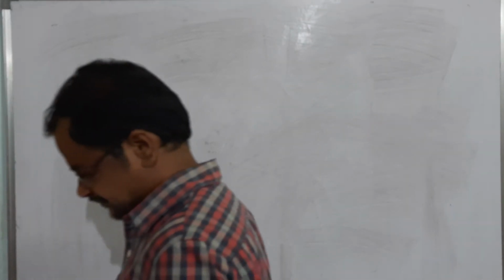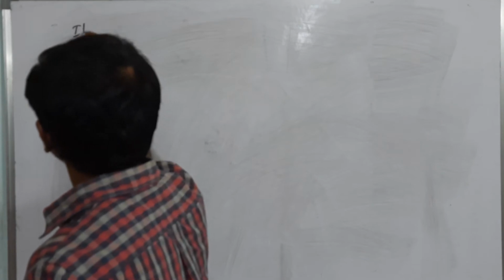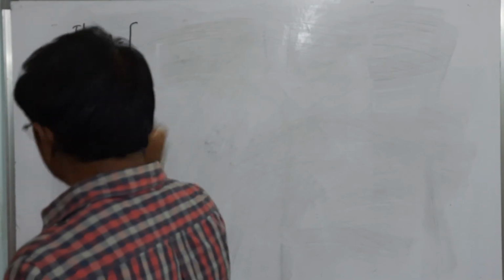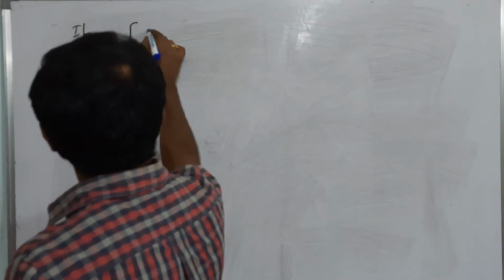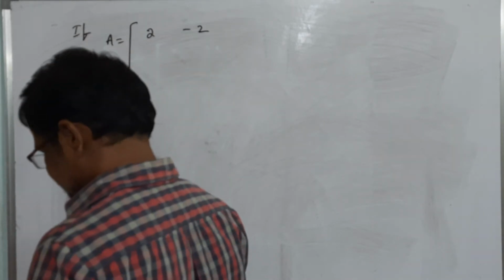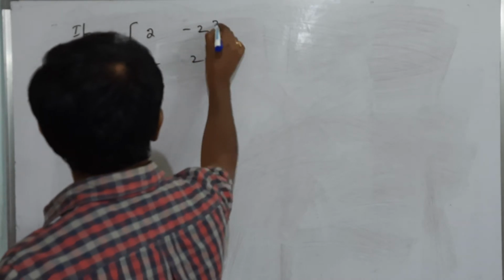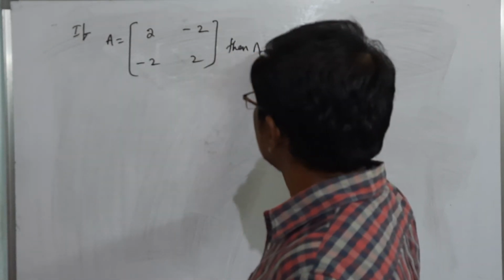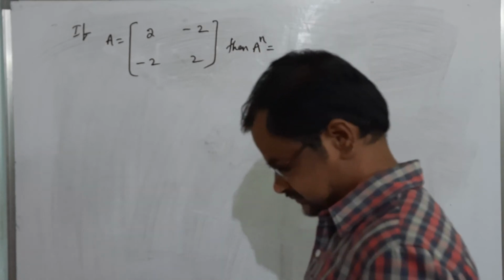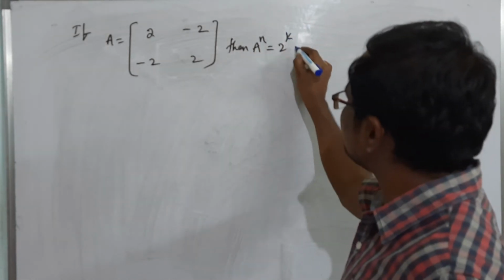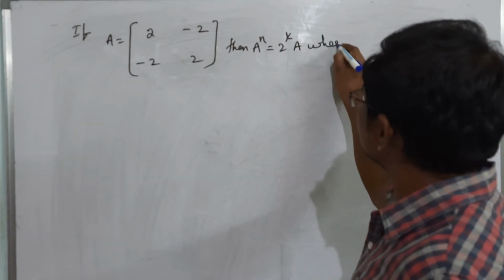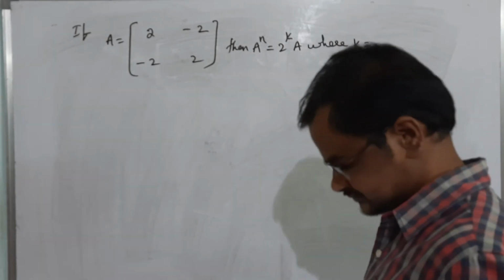So next problem. If A equals the matrix [2, -2; -2, 2], then A power n equals 2 power k into A, where k equals.